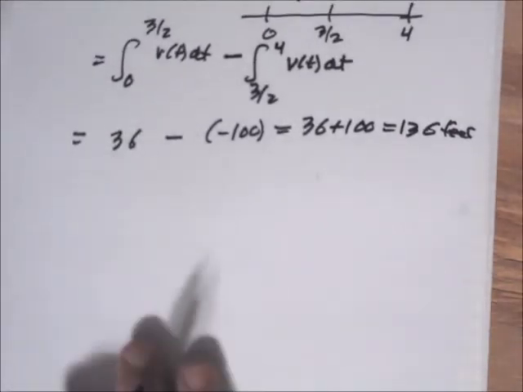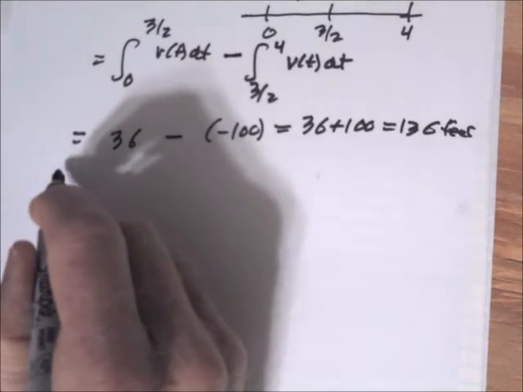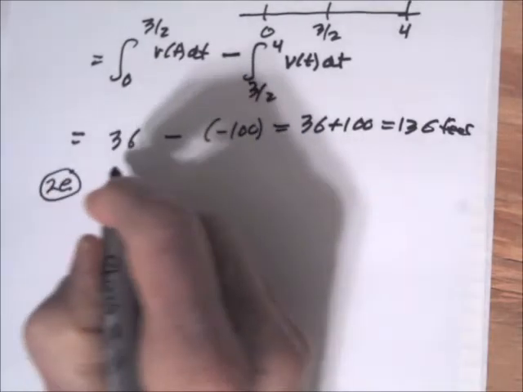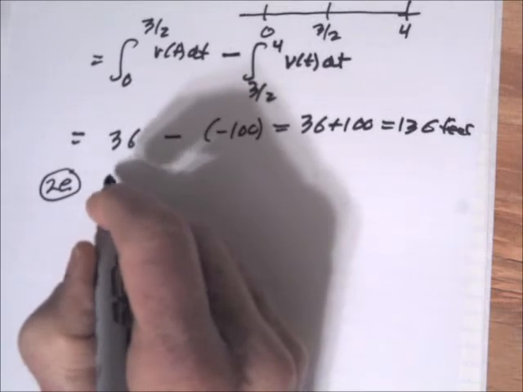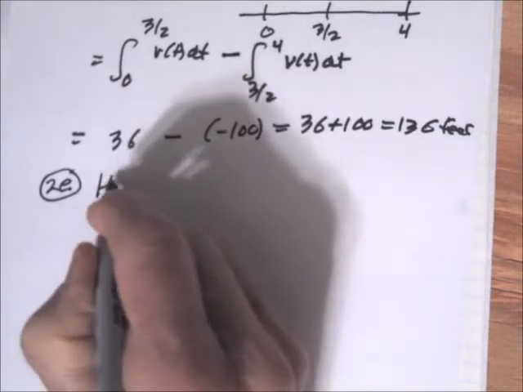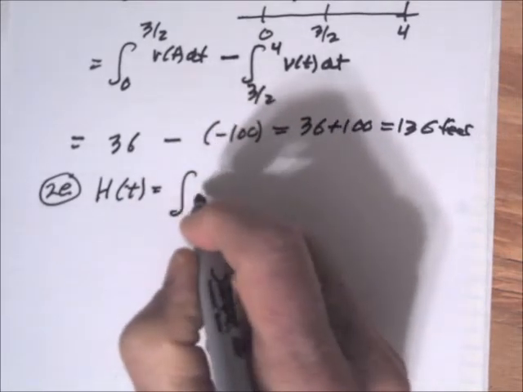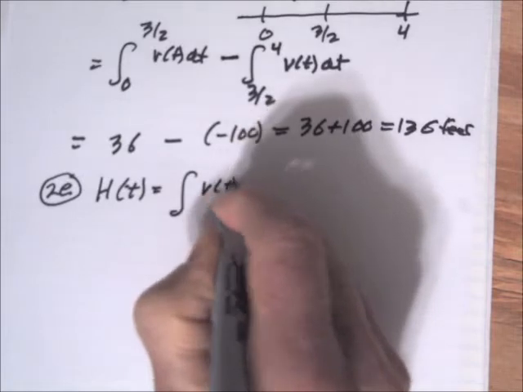Part E, the rocket hits the ground after 4 seconds. I'm going to find a formula for the height of the rocket. The height, h of t, is going to be the antiderivative of the velocity.